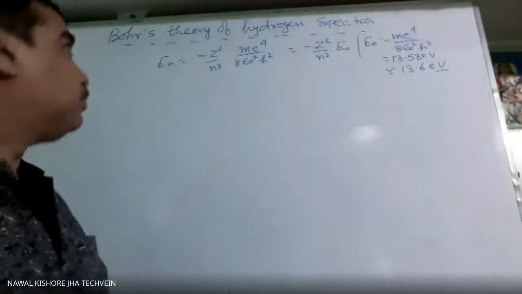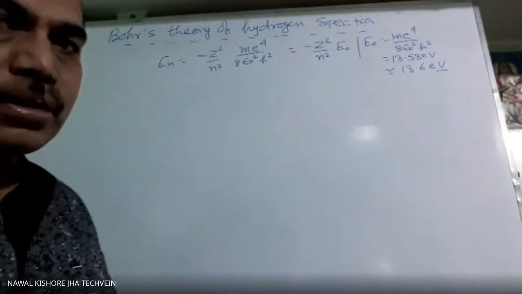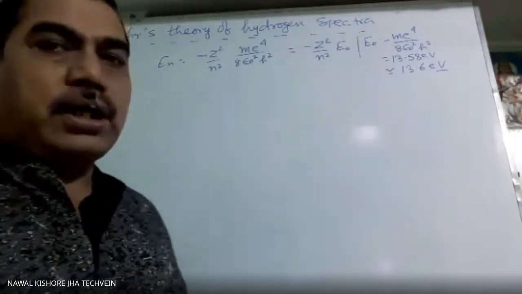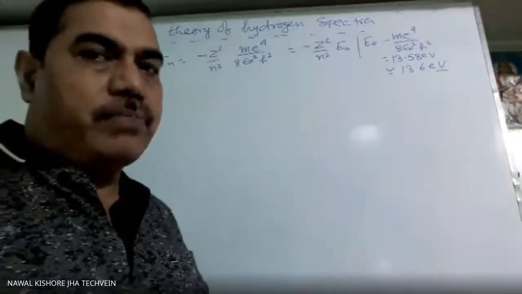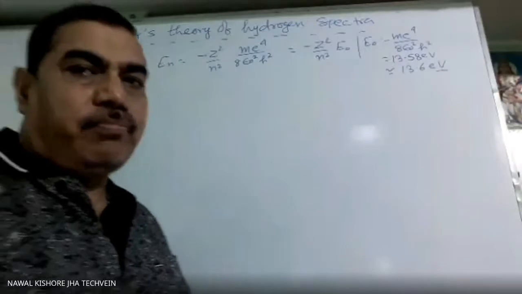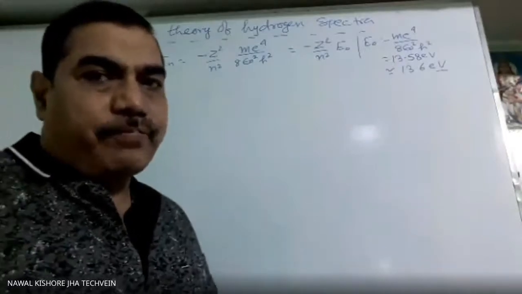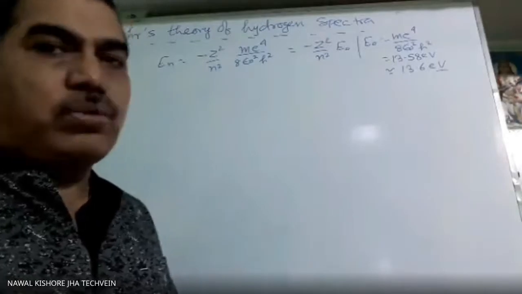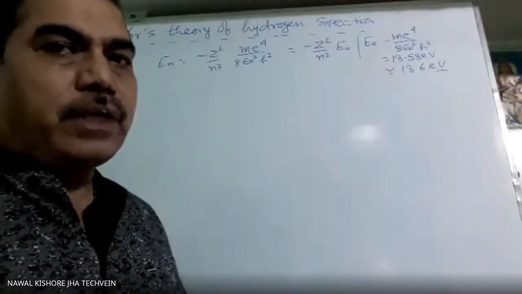So what was the assumption of Bohr? Bohr assumed that as long as the electron is revolving in any orbit, there is no change in its energy. But once it goes from a higher orbit to a lower orbit, it will emit energy.